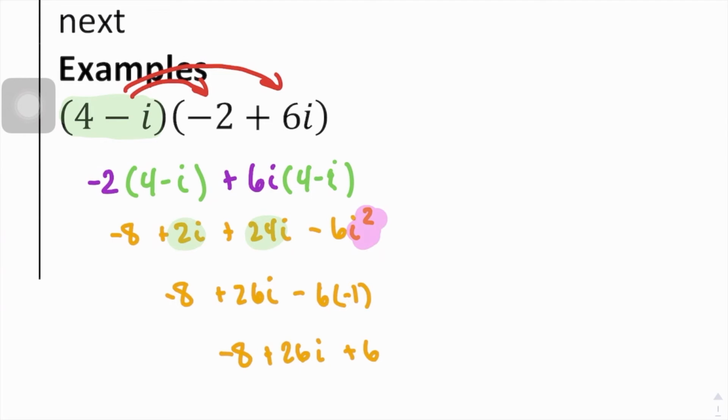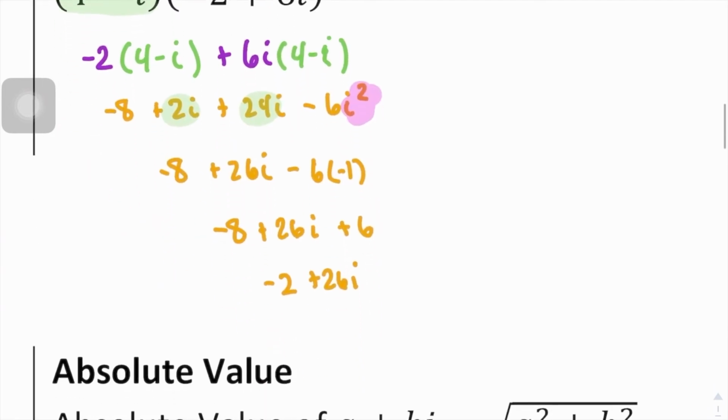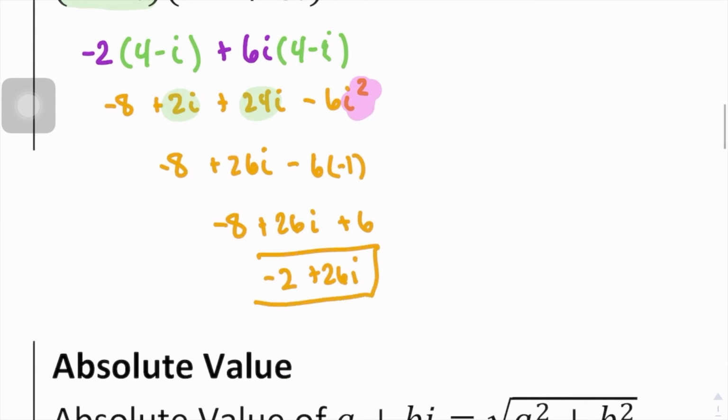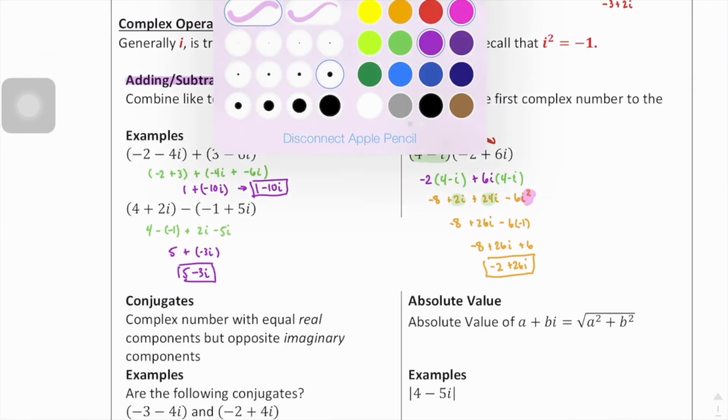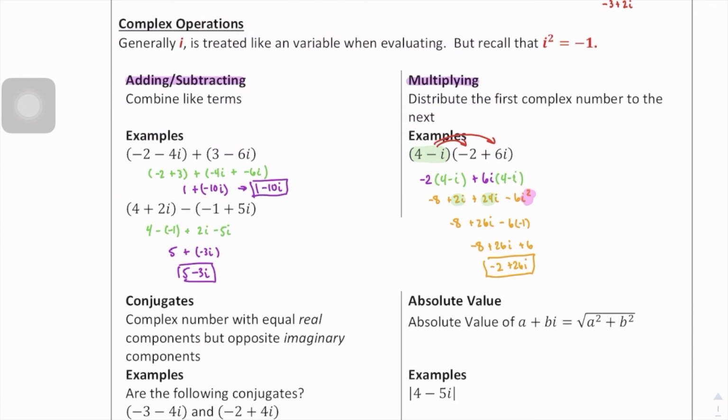And then we can combine the two real components and end up with negative 2 plus 26i. So that's adding, subtracting, and multiplying.